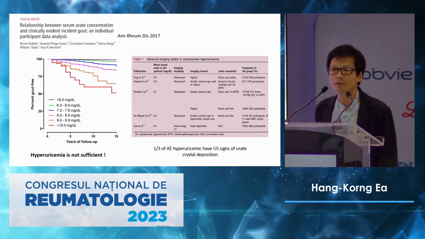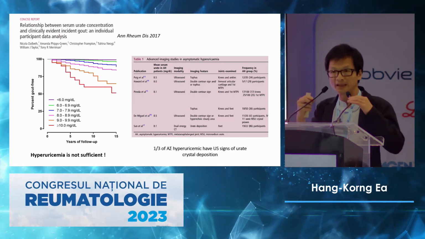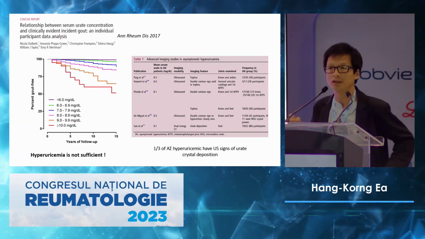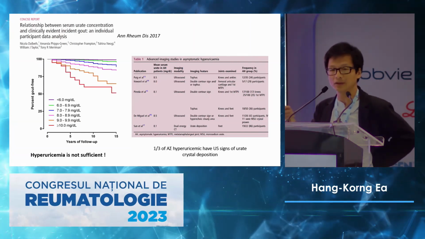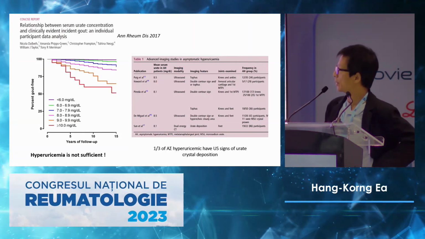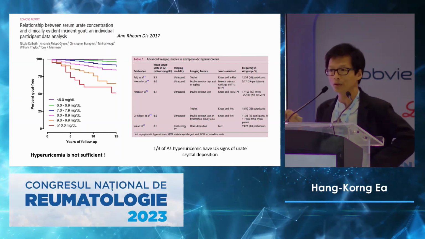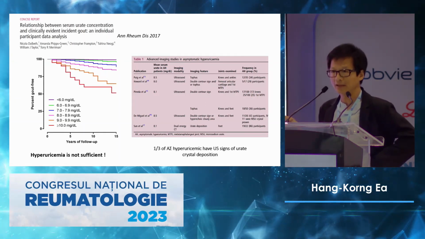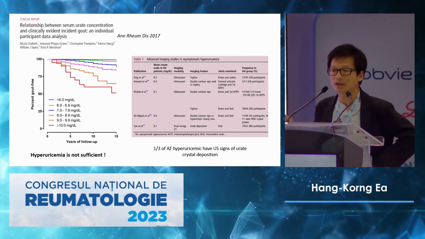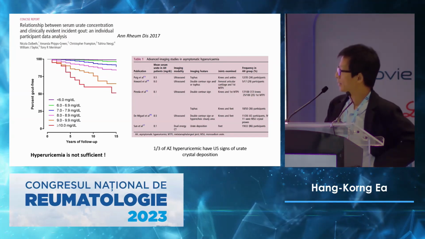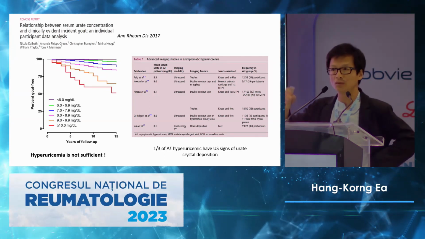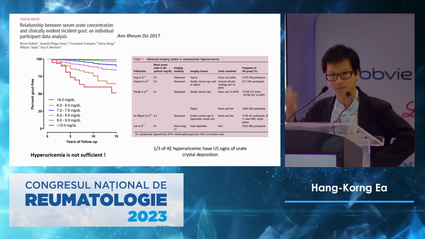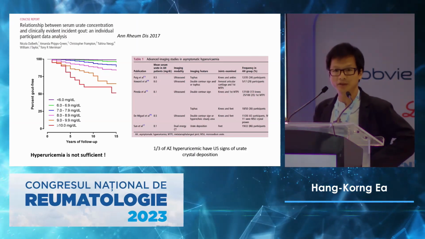And so the main findings with the current tools to detect the crystals are obtained with ultrasound and DECT. And we know from ultrasound studies that between 30 to 50% of asymptomatic patients had crystal depositions.